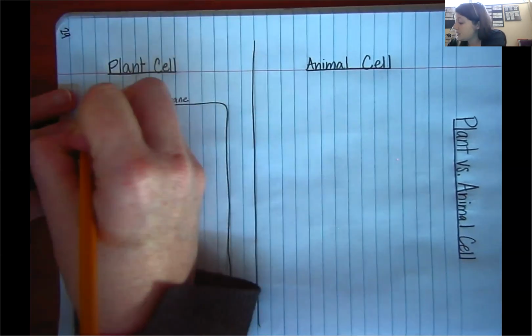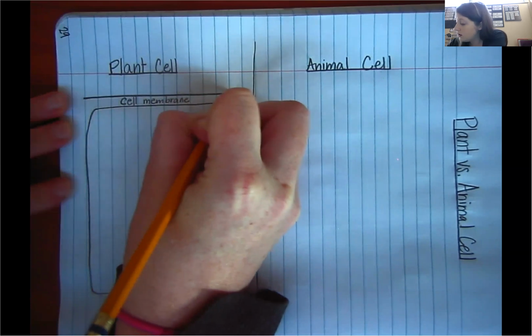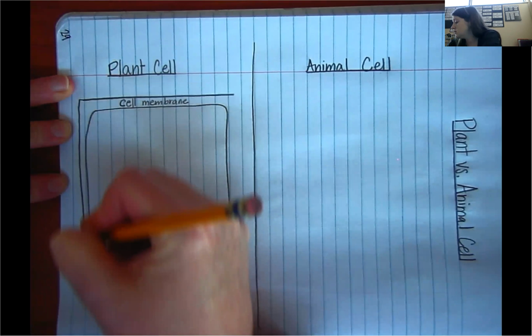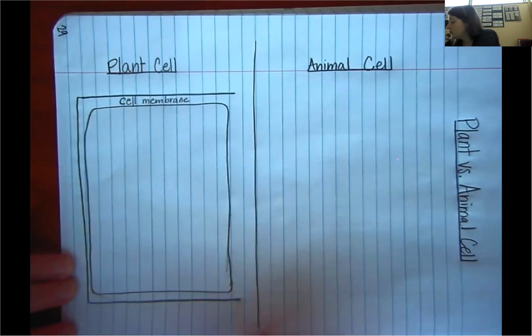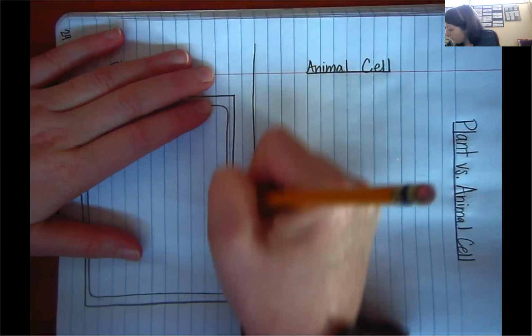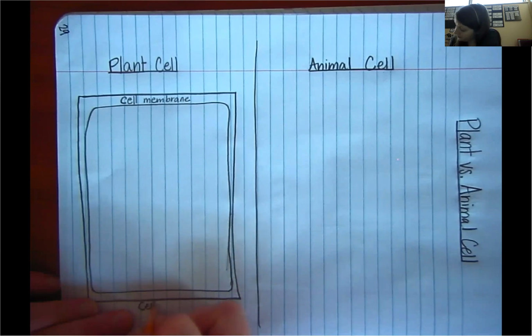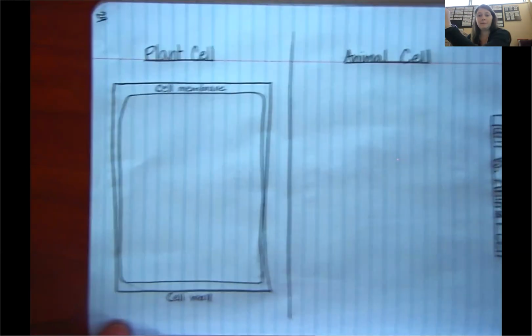And it's actually what kind of keeps the cell in its rigid shape. So this is called the cell wall. That's the cell wall. I'll zoom in a little bit.